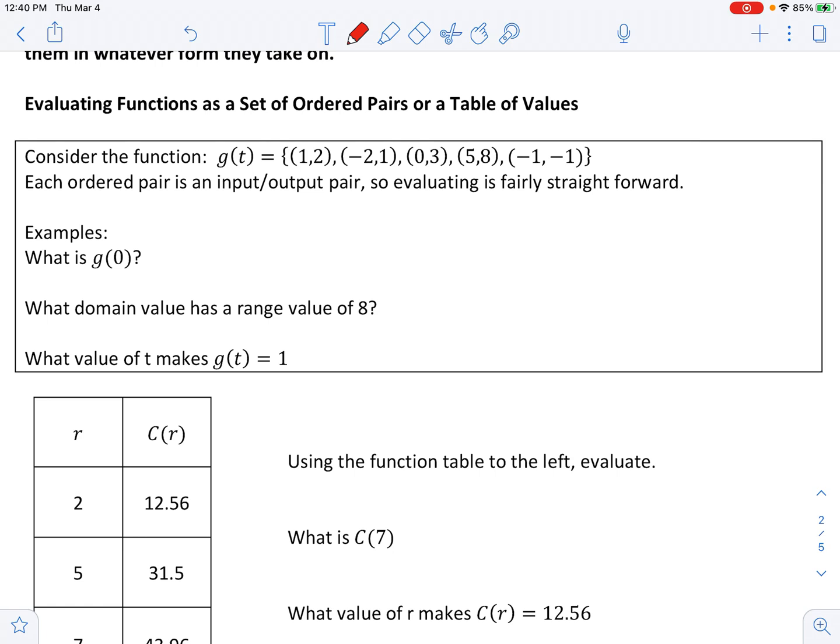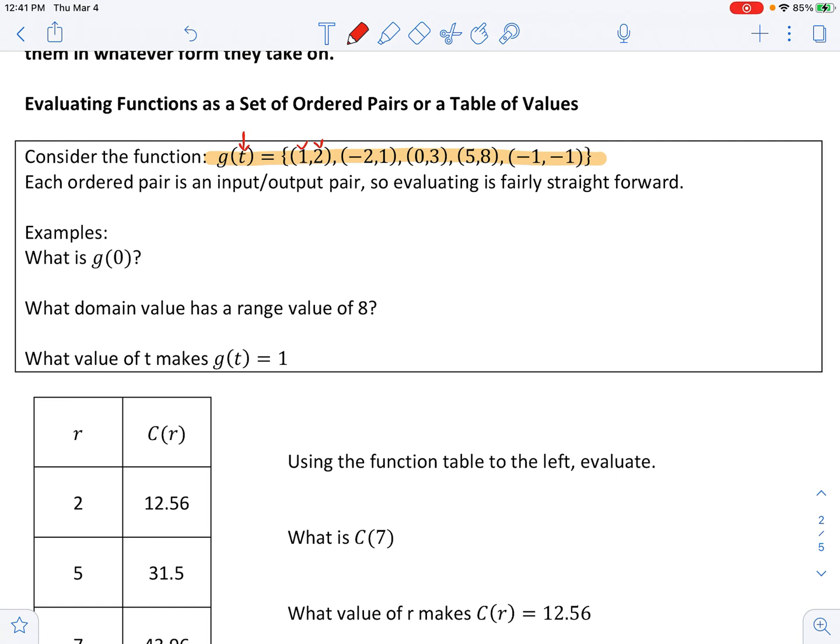All right, so we're going to consider the function g of t is equal to that set of ordered pairs. And maybe you remember that each ordered pair is an input and an output. It's an x and a y in some cases, or in this case, if you look at our function, it's not x and y.